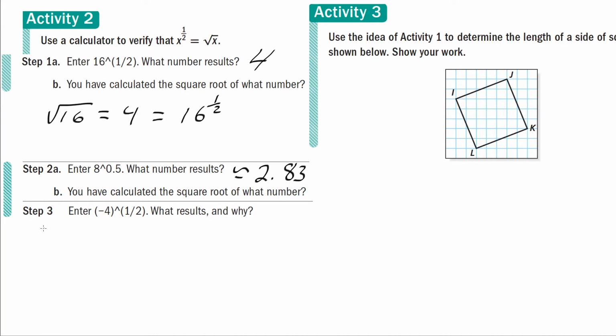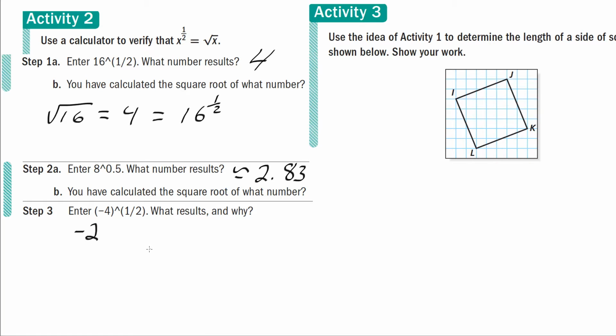Next one, enter a negative 4 raised to the 1/2, and what results do you get, and why do you get it? Go ahead and do it, please. Okay. Now you may have gotten two different results here. If you got a negative 2 as your result, you did this wrong.